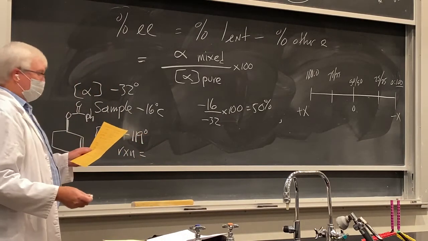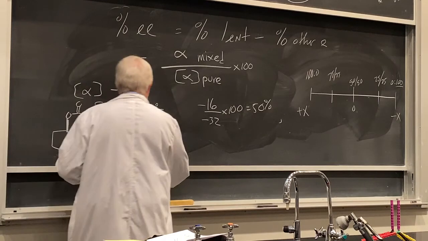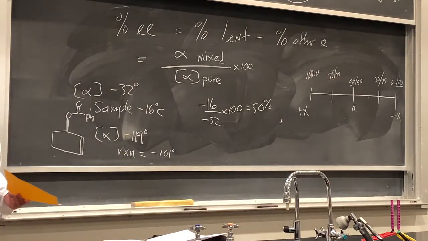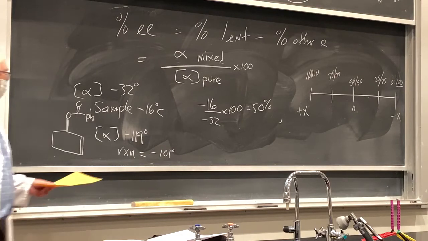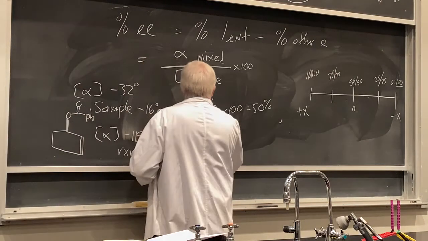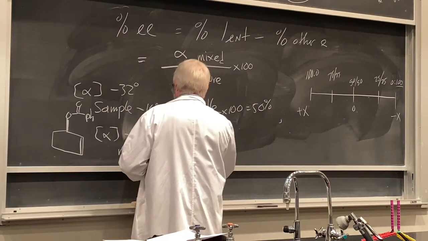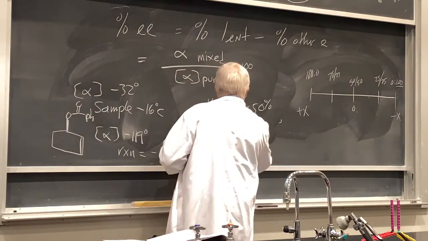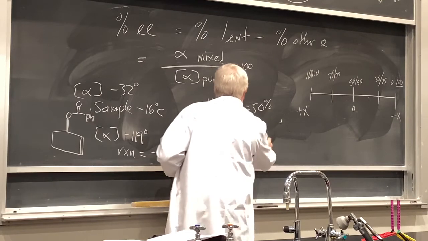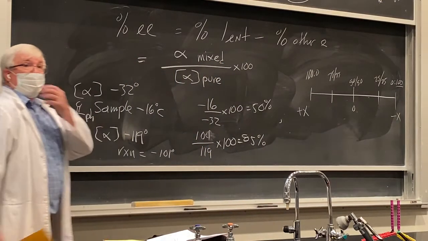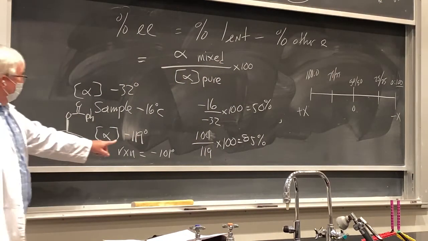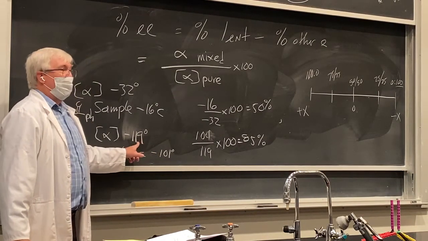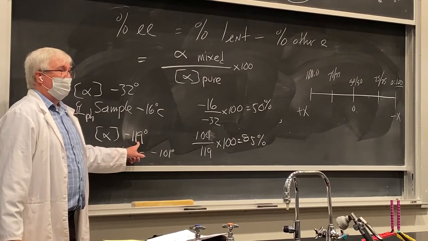We took the optical rotation of our product, and it turned out it was minus 101. So what is the EE of this reaction? Okay, well, it's 101 divided by, what, 119 times 100, and that came out to 85% EE, which is pretty good, actually.